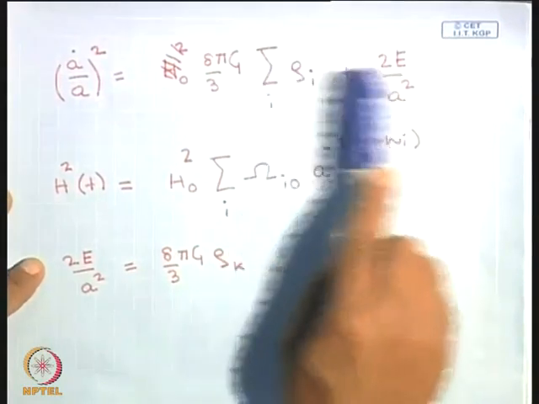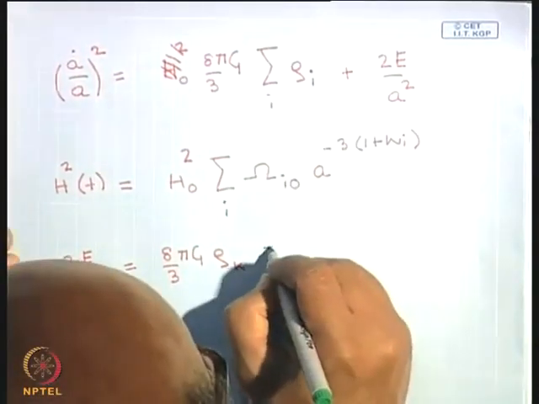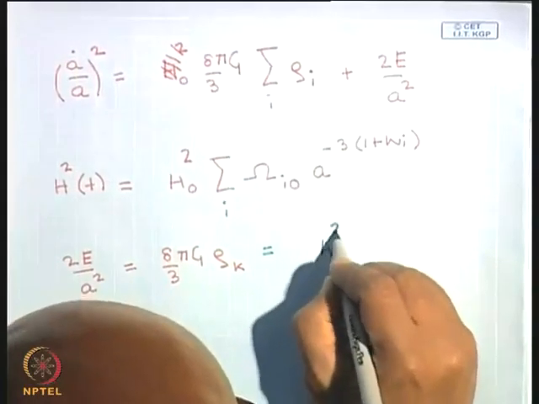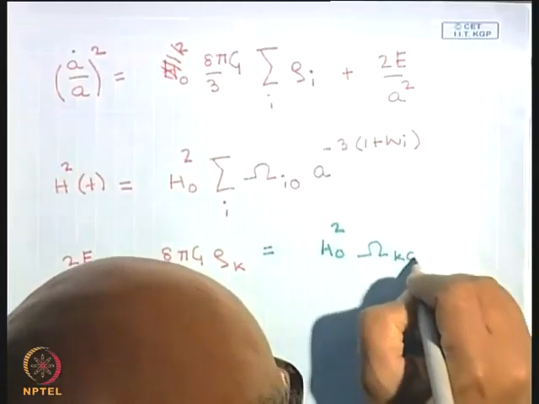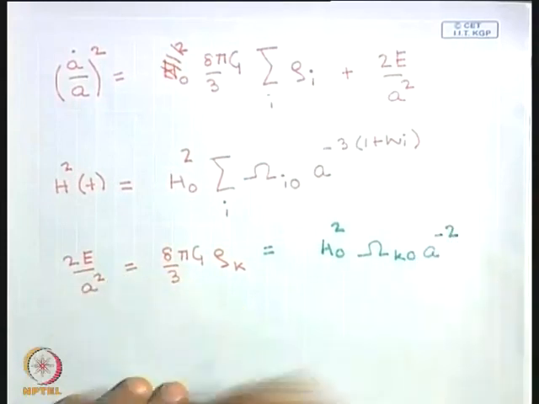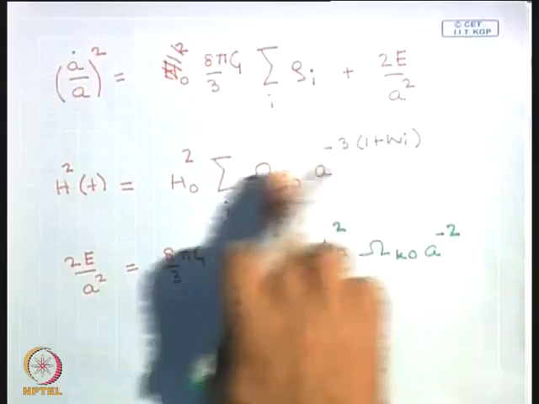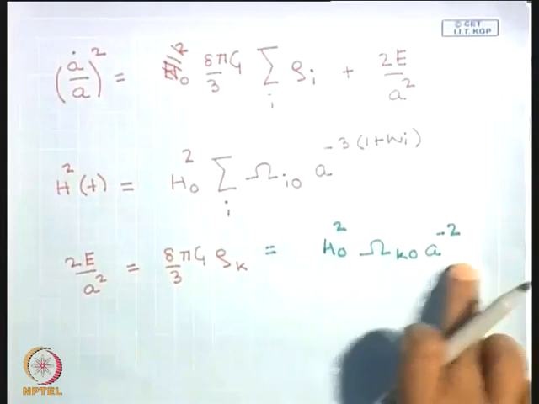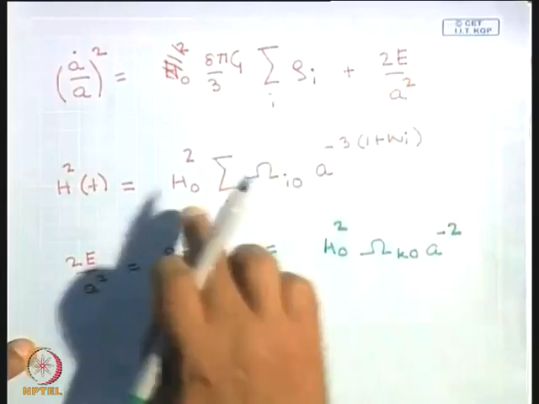This term has also been written as H naught square omega curvature naught A to the minus 2. Right, this term falls as A to the minus 2. This basically parameterizes this constant of integration.